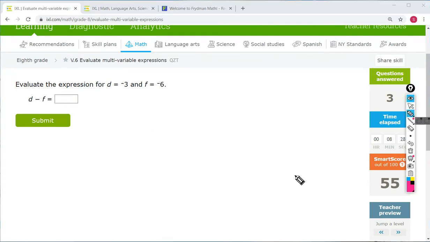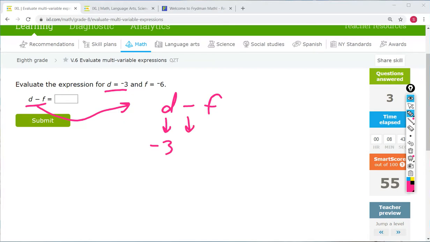D minus F. Let me just write this over here. D minus F. Well, D is negative 3, so we'll plug in a negative 3. And then don't forget to put the minus sign down here.